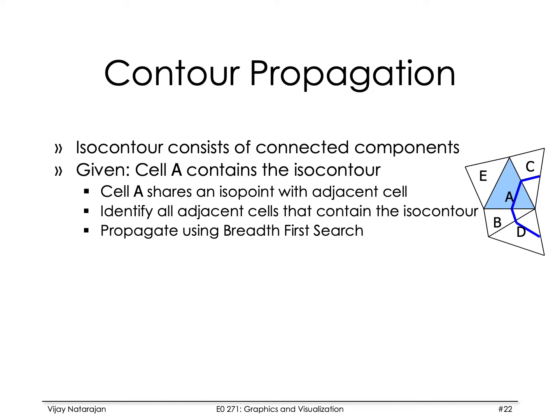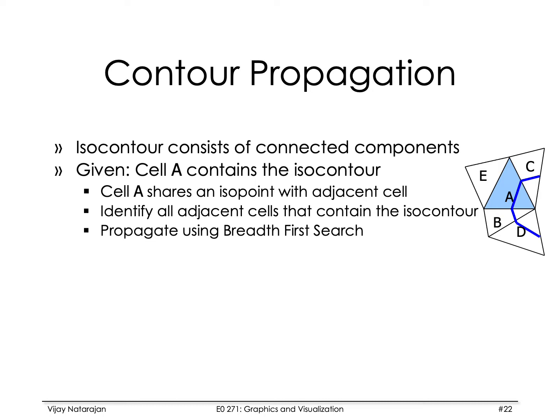An iso point is a point that lies on the isocontour. Specifically, we would like to identify the two iso points that lie on the edges of A. These are edges shared with neighboring triangles B and C, and hence we know that the isocontour passes through the triangles B and C. The idea is to identify both triangles and propagate.